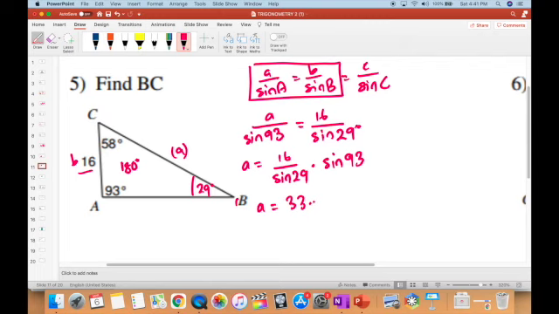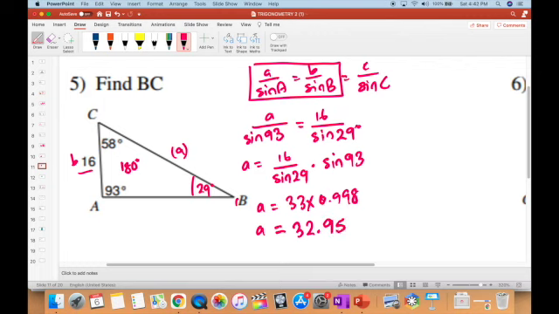Sine 93 is 0.998, which is almost 1. So the answer will be close to 33. Multiplied by 33 is 32.95.